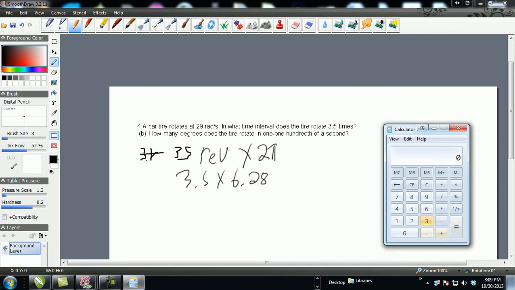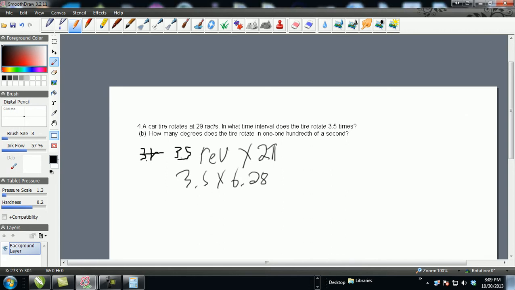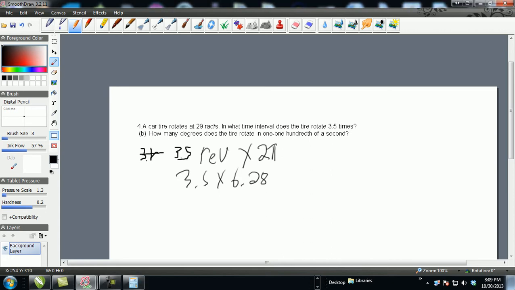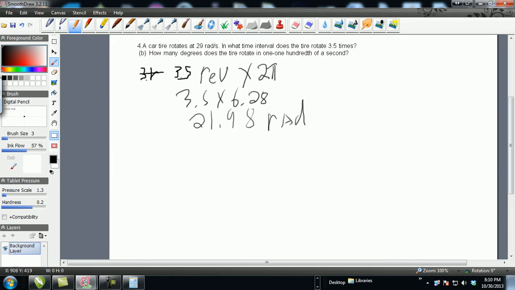Let's go ahead and get that 3.5 times 6.28, because that's simply 21.98 radians. So let's go back here and type in 21.98 radians.